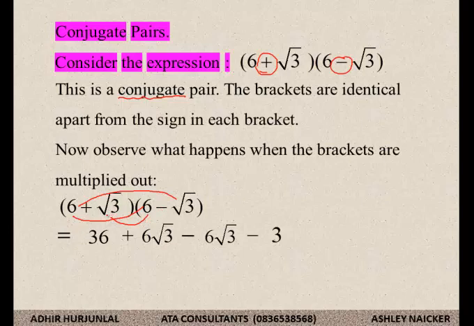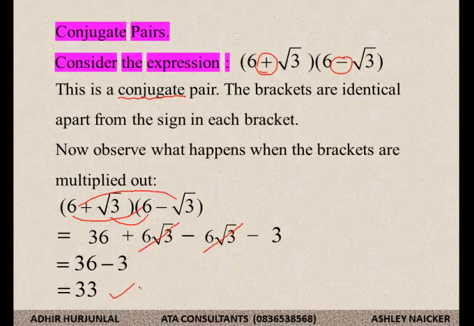The last part was the square root of 3 multiplied by negative the square root of 3. So that is why I get the answer negative 3. If I look at this step, plus 6 root 3 minus 6 root 3 cancels off. 36 minus 3 is equal to 33. Simple enough.